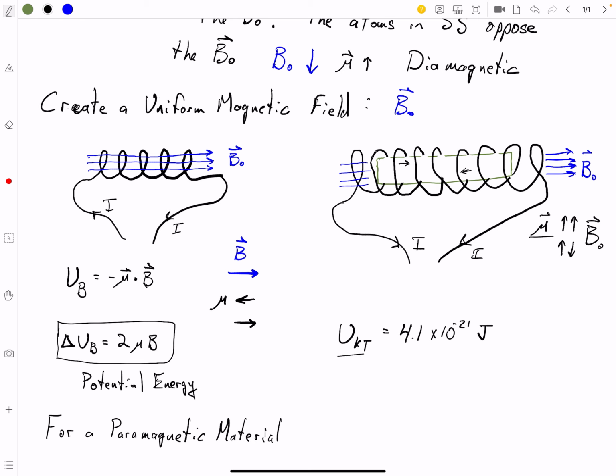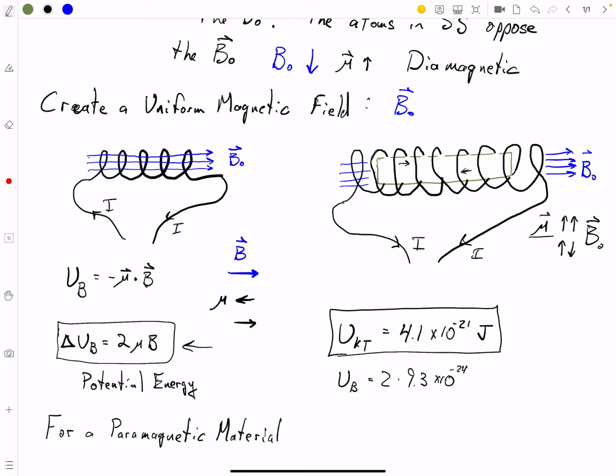So we've got our U_KT here. Okay, that's what we're going to be comparing with. We've got our ability to find this U_B, and our U_B is equal to 2 times the 9.3 times 10 to the minus 24.